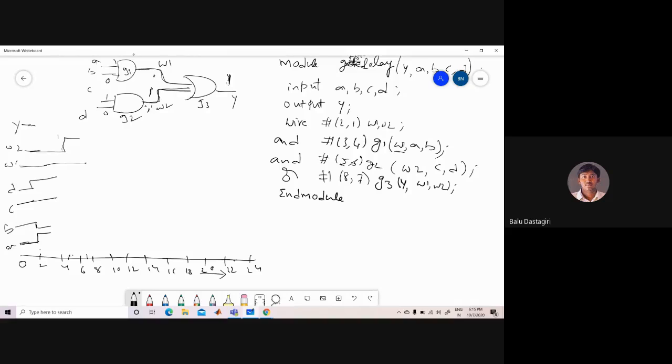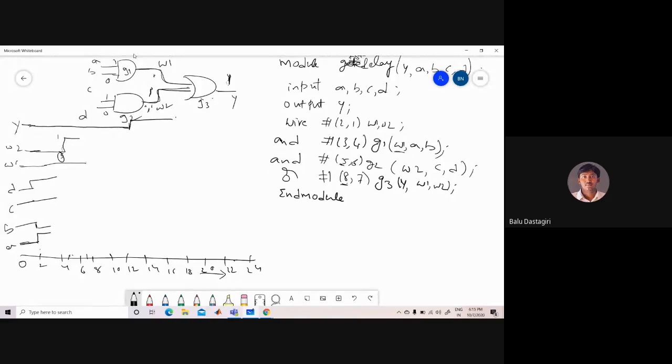Now for the OR gate, whenever the output is going from 0 to 1, the OR gate has a delay of 8 time units. Therefore 5 plus 8, that is after 13 units of time, the output goes to 1.